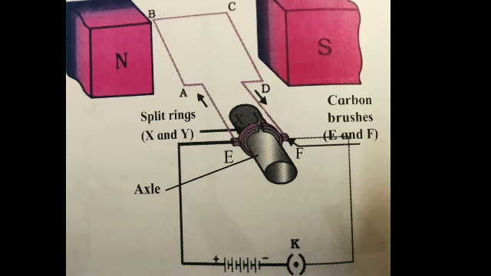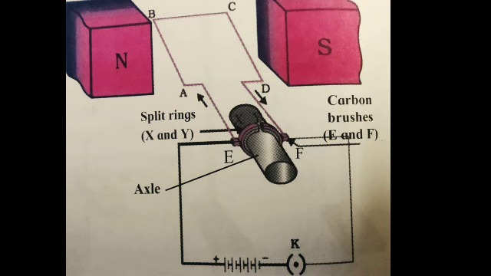After half rotation, the two halves of the split ring X and Y come in contact with carbon brushes F and E respectively, and the current in the loop starts flowing in the direction DCBA.